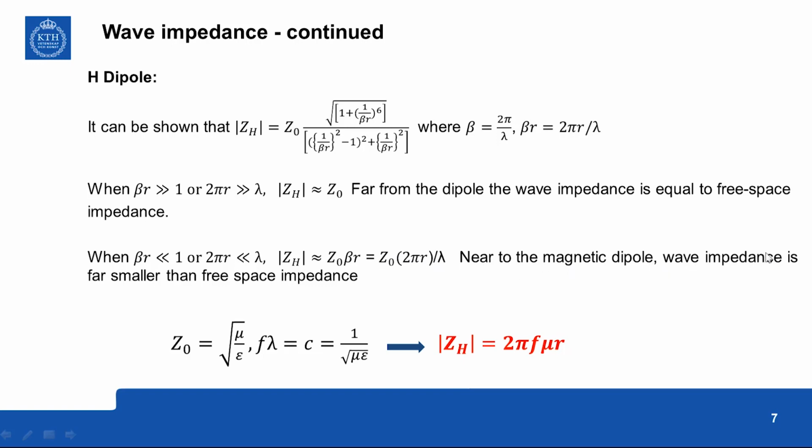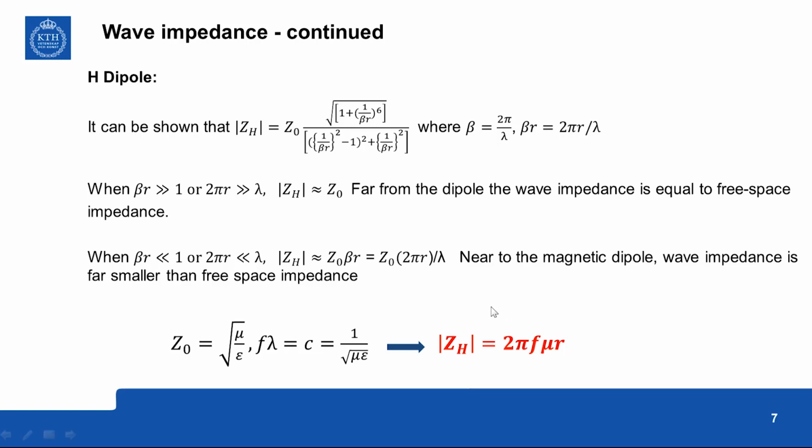So near to the magnetic dipole, wave impedance is smaller than free space impedance, and it is given by 2 pi f mu r. Mu is the magnetic permeability. So you have two different kinds of expression near to the dipole for electric dipole and magnetic dipole, whereas far from the dipole, both give free space impedance.